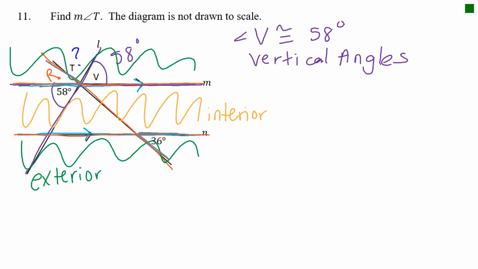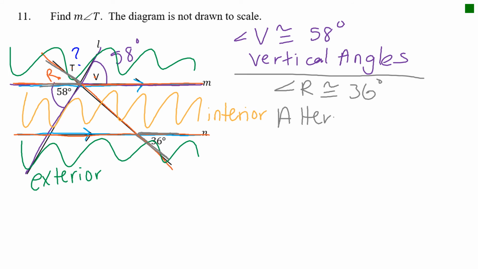So they're going to be congruent to each other because of that. So angle R is going to be congruent to 36 degrees because they're alternate exterior angles, which means they're congruent. So if that bottom one is 36, R must also be 36 degrees.